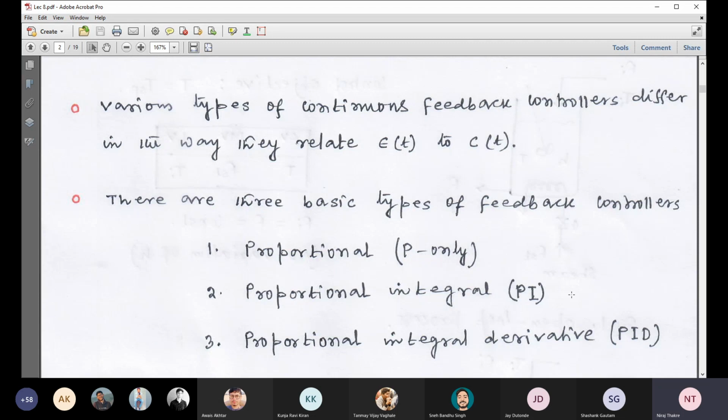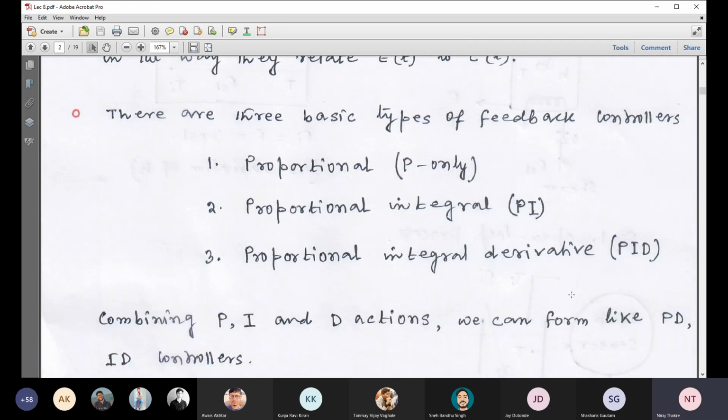So these are the three basic control schemes. Now you see there are basically three control actions. One is proportional action, one is integral action, one is derivative action. One is proportional action, which is present in the first type.